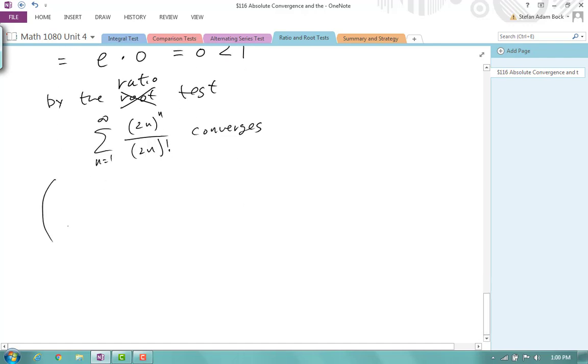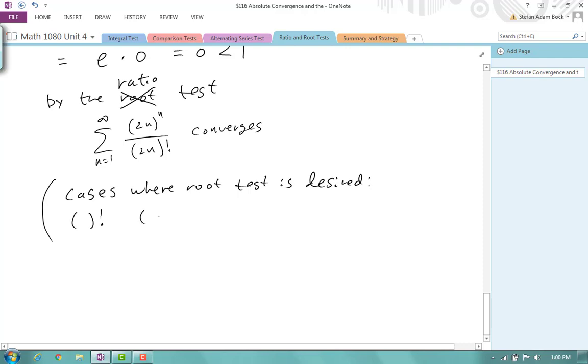So let me summarize cases where you want to use the root test. There is a factorial anywhere in the problem. If there's a factorial anywhere in the problem, the ratio test just may be your only hope.